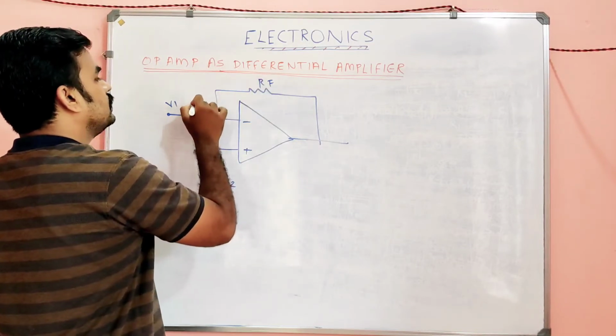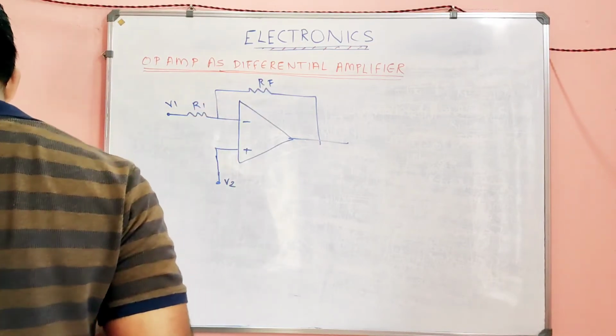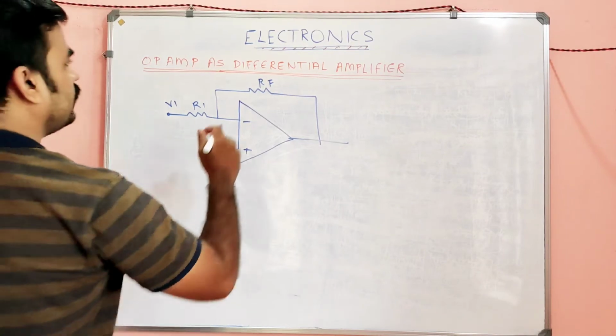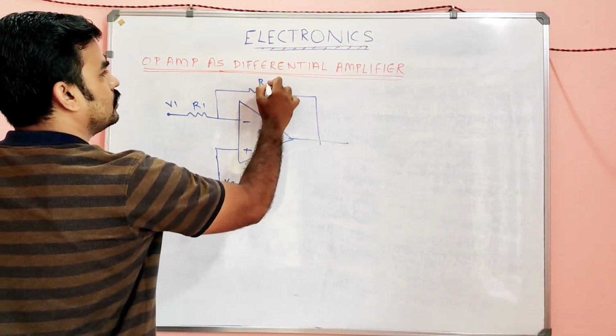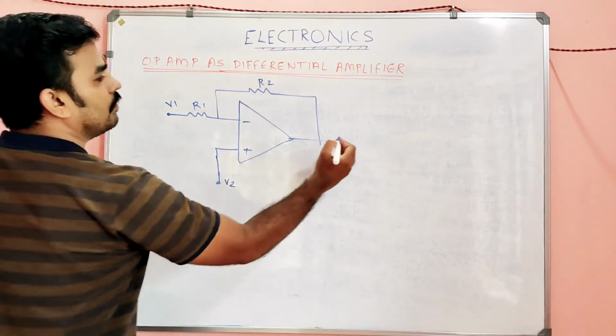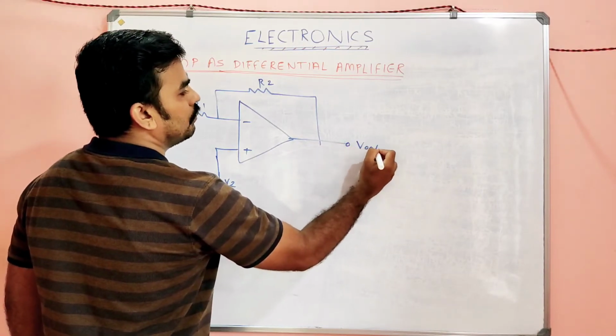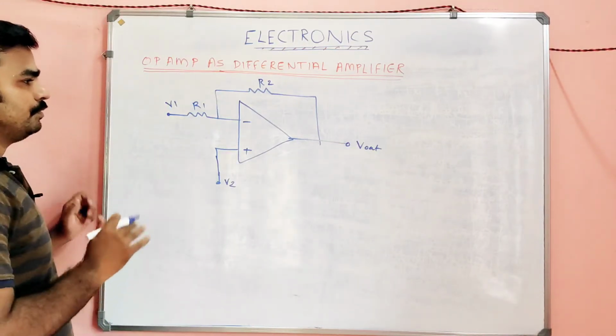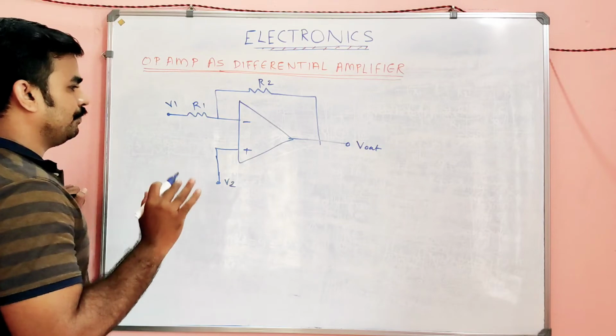This is RF and this is R1, or simply you can take R2 and R1, no issues. This is nothing but my V out. This is V1 and V2. Okay, that's all.